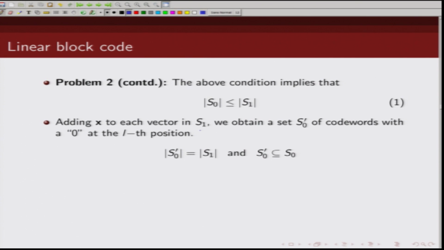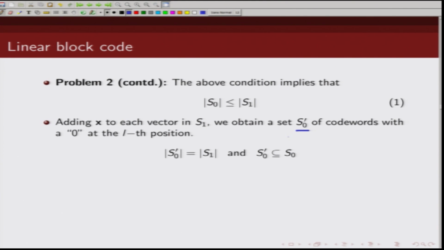When we do that, we get a new set of vectors which has 0 at the lth location. We denote this set by S0 prime. So, S0 prime is the set of code words which are obtained by adding x to the set of vectors which have 1 at the lth location.